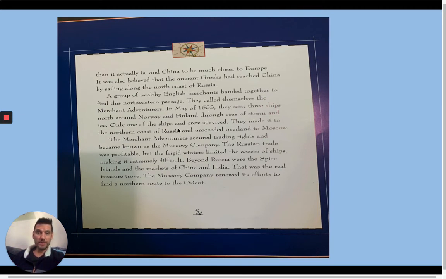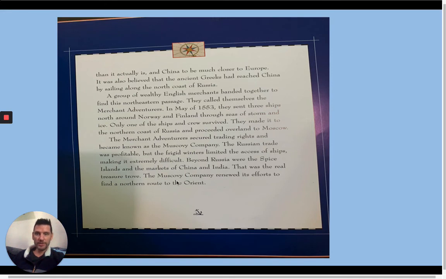Only one of the ships and crew survived. They made it to the northern coast of Russia and proceeded overland to Moscow. The merchant adventurers secured trading rights and became known as the Muscovy Company. The Russian trade was profitable, but the frigid winters limited the access of ships, making it extremely difficult.